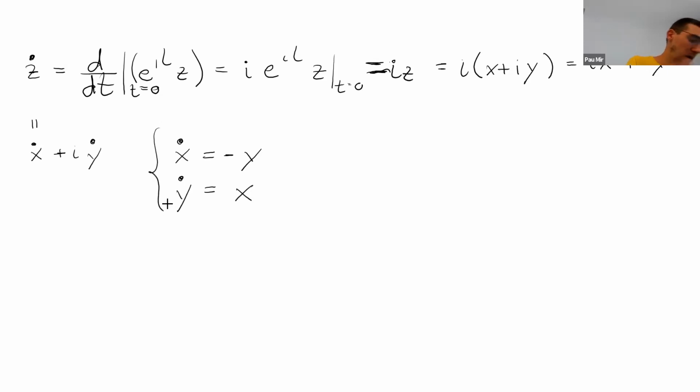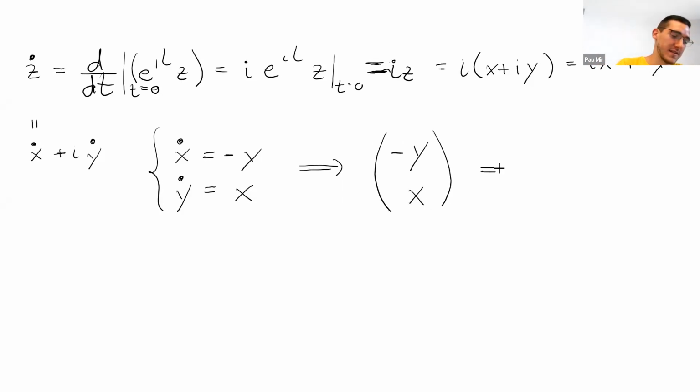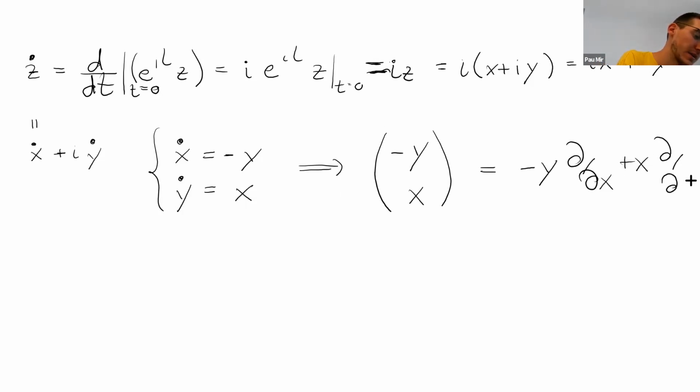So basically, I'm using a notation of dynamical systems, but what we have is this vector field. If you write it in a more differential geometry way, this is minus y in the x direction plus x in the y direction.